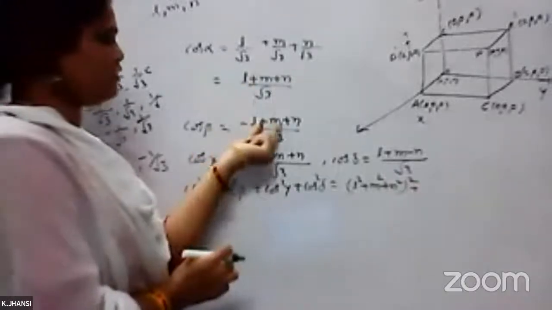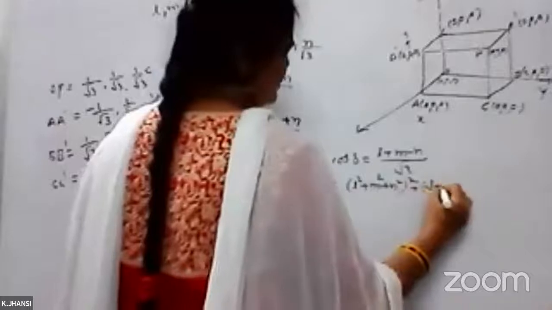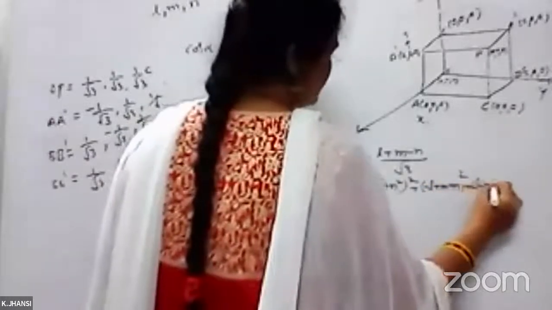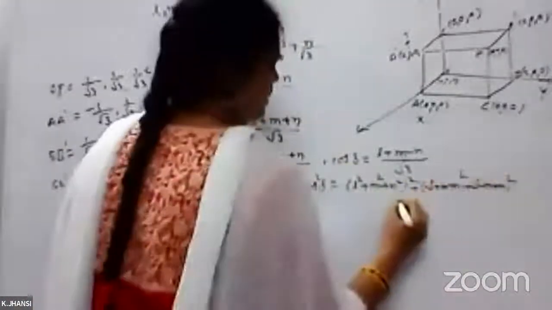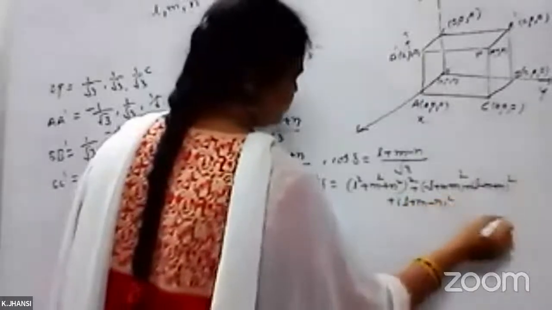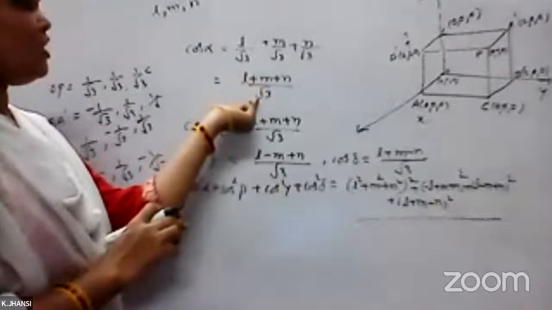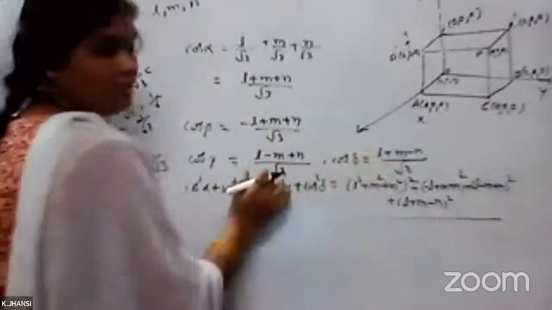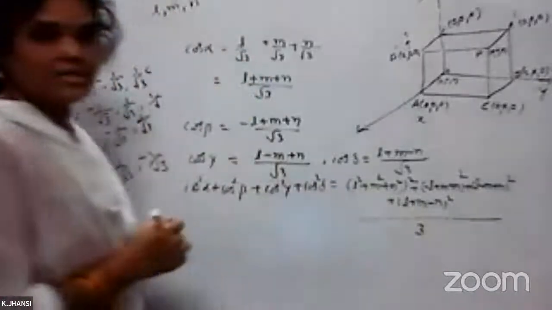In the numerator you will get minus L plus M plus N whole square, plus L minus M plus N whole square, plus L plus M minus N whole square, divided by root 3 squared. So here each one you are squaring, it means 3, 3, 3, 3. If you take common, you will get 3.